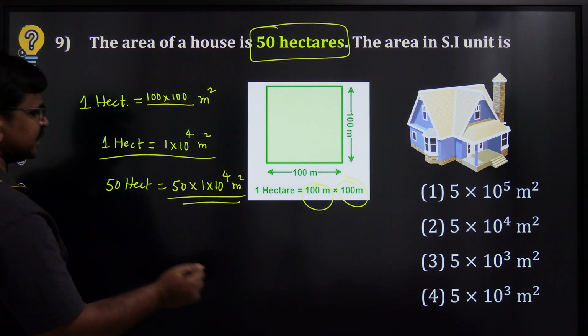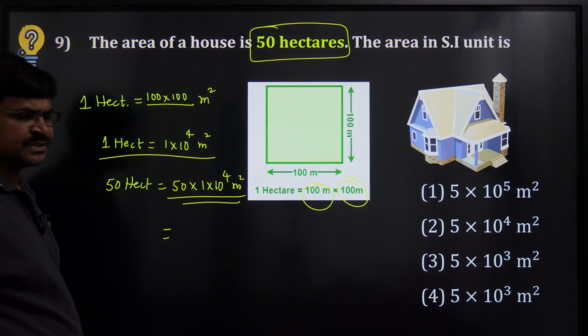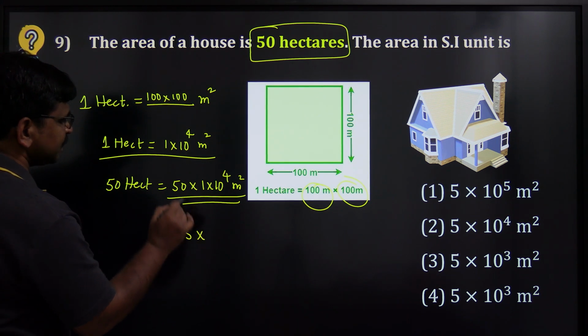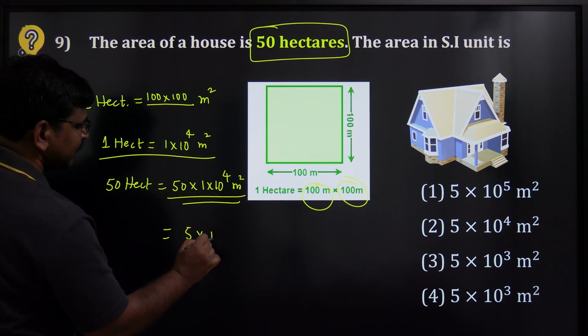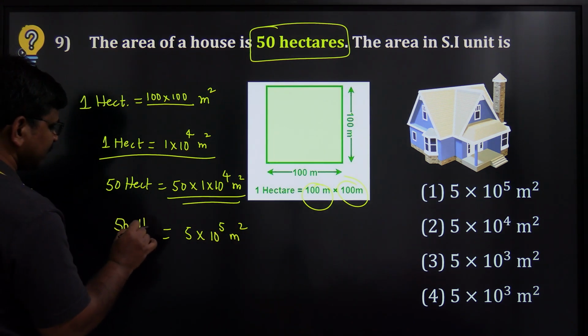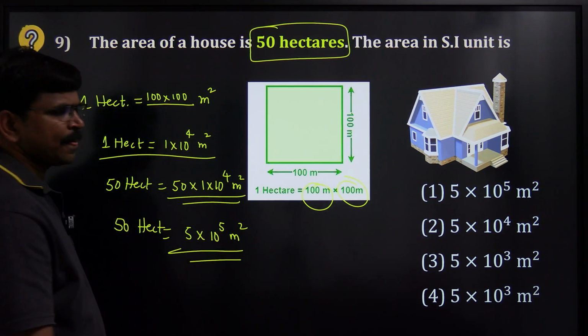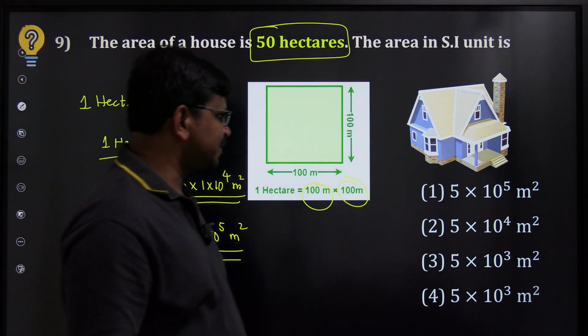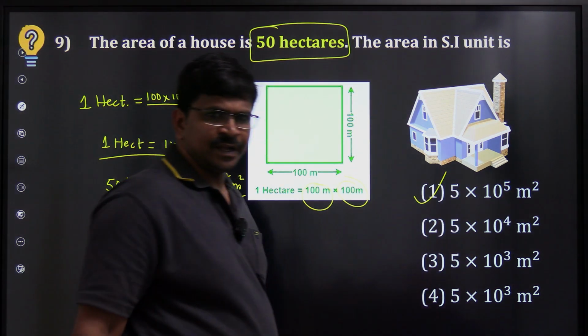And by observing the options, all options are with 5 only as a base number. So let me write with 5 base number here. 5 into 10 power 4, 5 into 10 power 5 meter square. This is about 50 hectares. So I hope the first option can be suitable here.